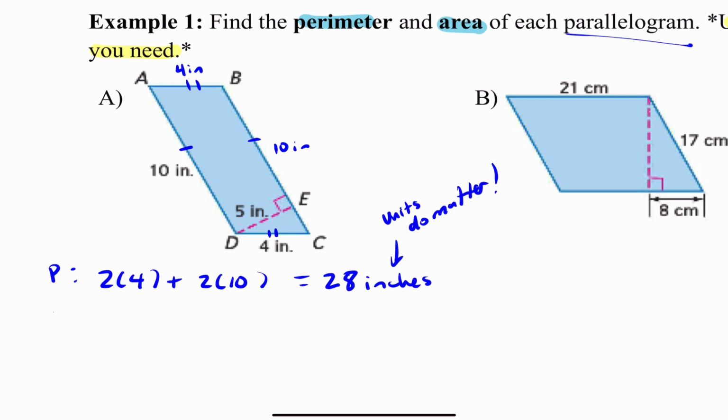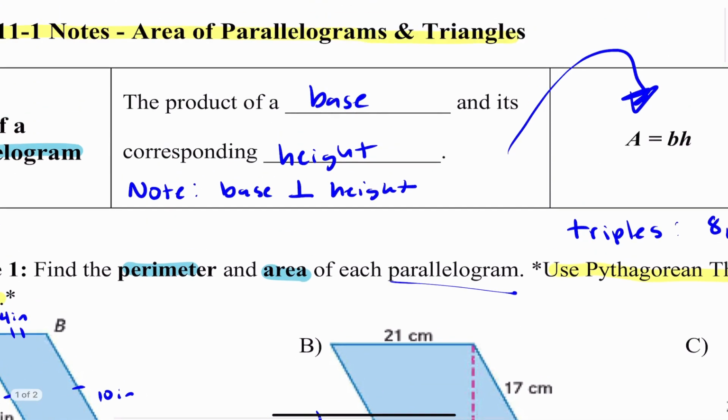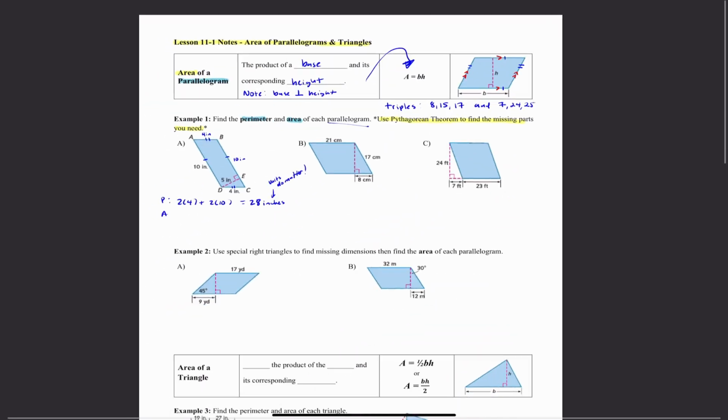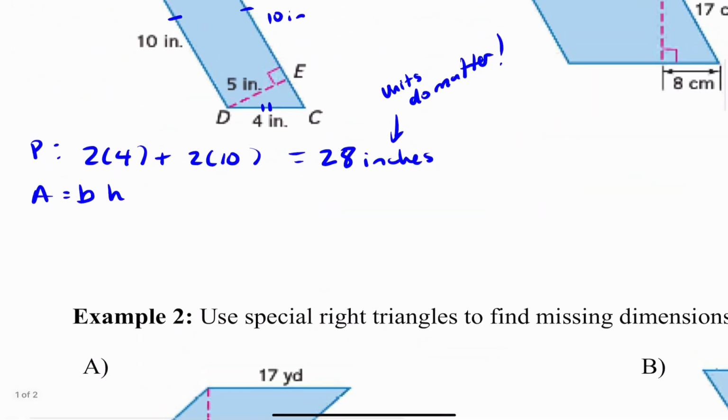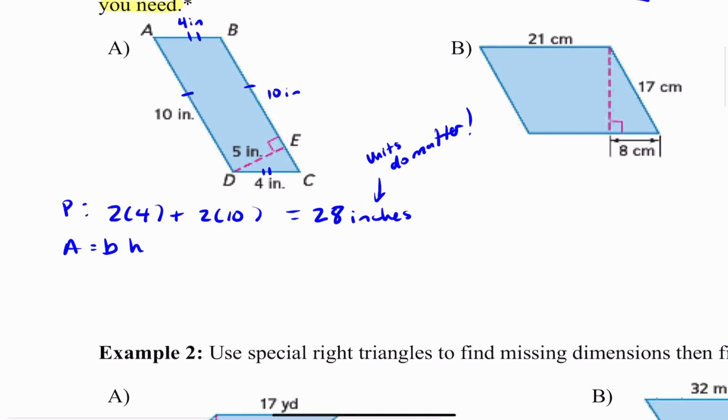Let's go ahead and figure out the area. Well, the area is base times the height. And remember what I said, the base will always be perpendicular to the height. So A is equal to 10 times 5.